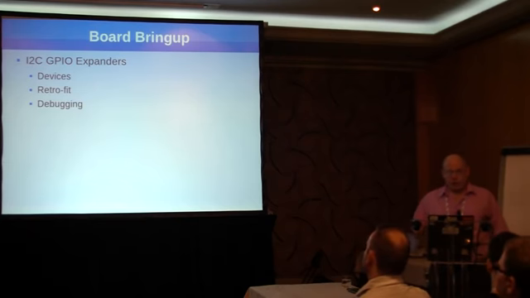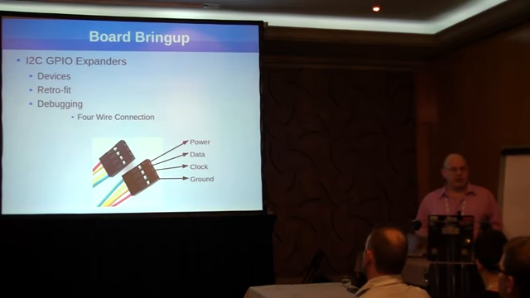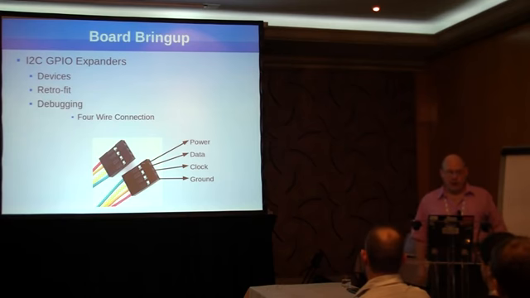So, we know we can fix things that get messed up with I2C, but we can also do a lot of debugging. When you get a new design, there are a lot of times that you want to do some debugging and working with the board in such a way that you don't want to have in a production environment.